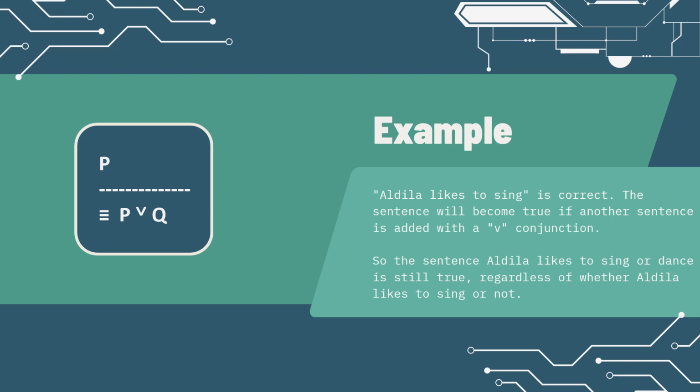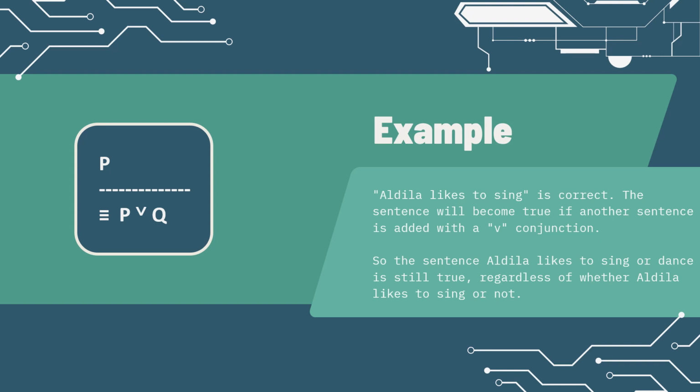This can be helpful in proofs and arguments, where it can be used to show that a conclusion is true under a wide range of conditions. In the example above, we were able to use disjunctive addition to show that the statement ALDILA likes to sing or dance is true even though we only had information about ALDILA liking to sing.